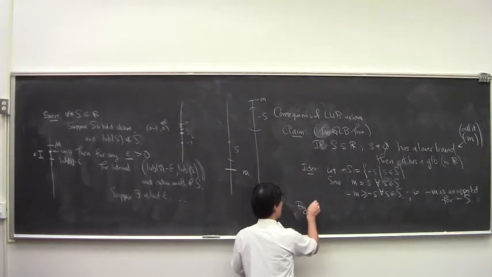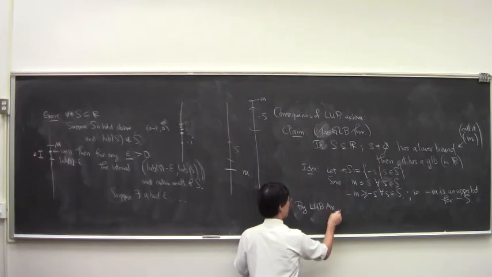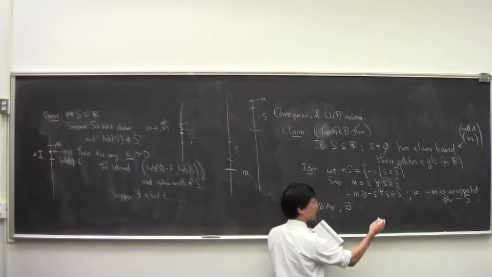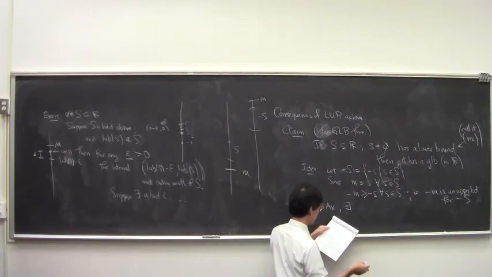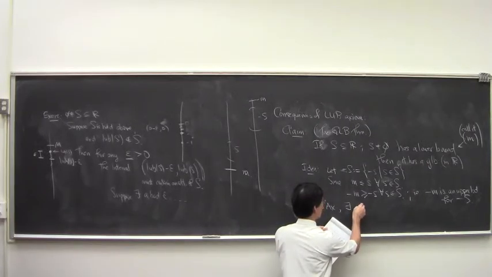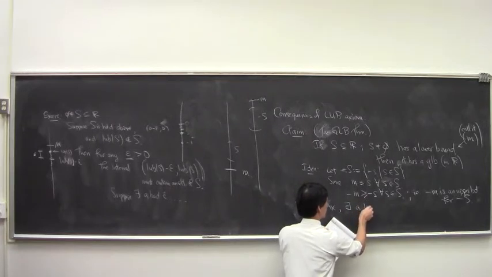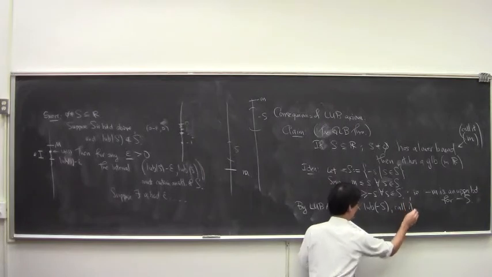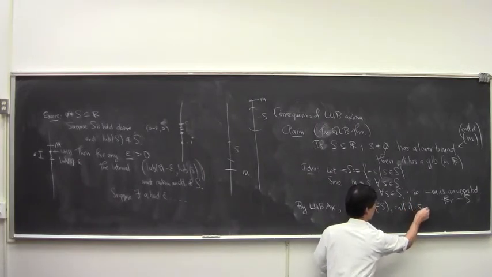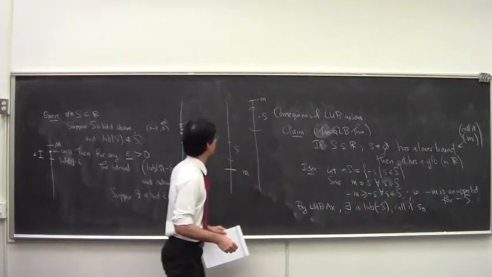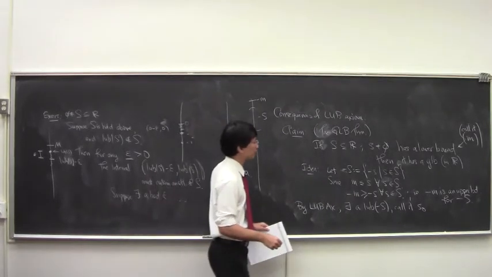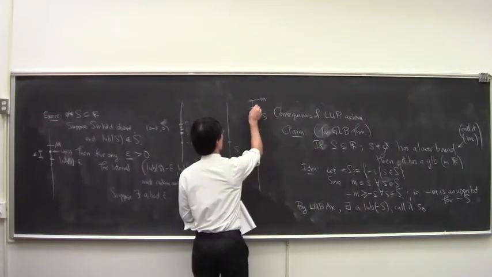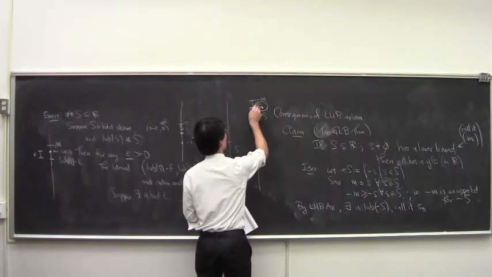By the least upper bound axiom, since negative S has an upper bound, it has a least upper bound. There exists some number, a least upper bound of negative S, call it s naught. So there exists some guy up here, call that guy s naught.